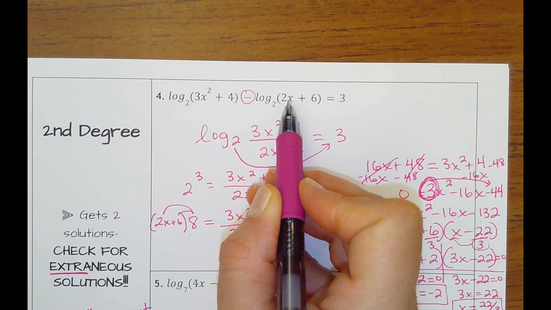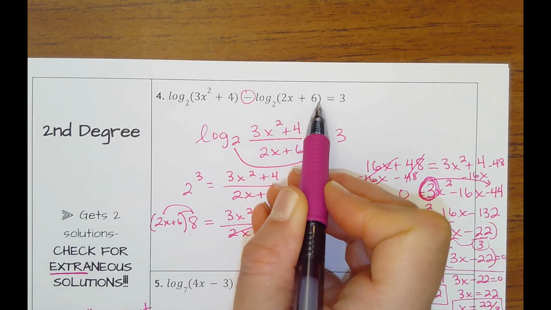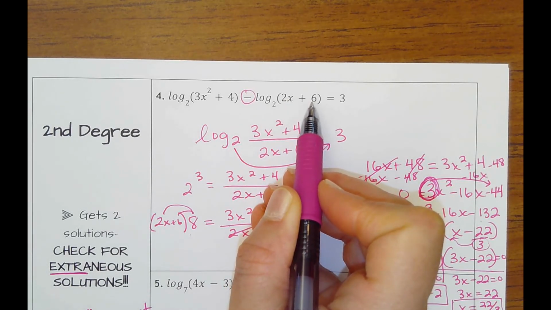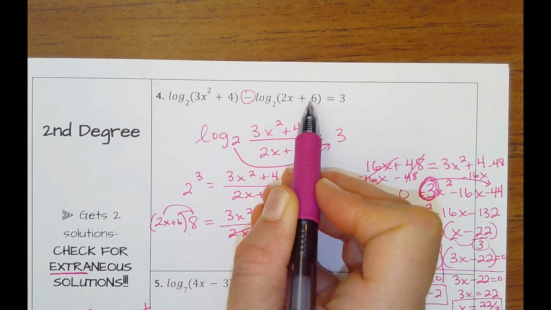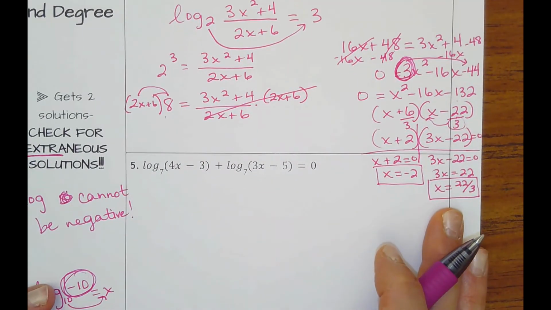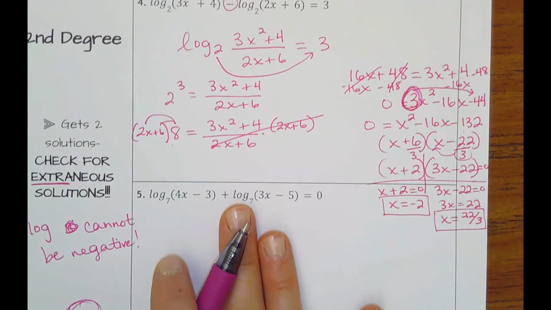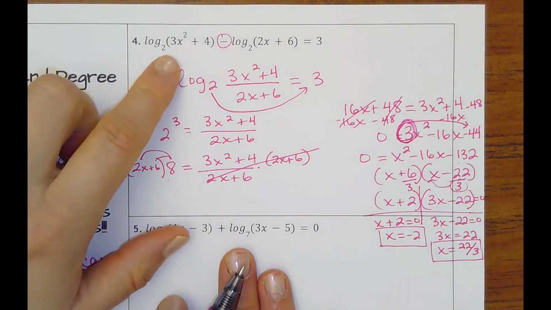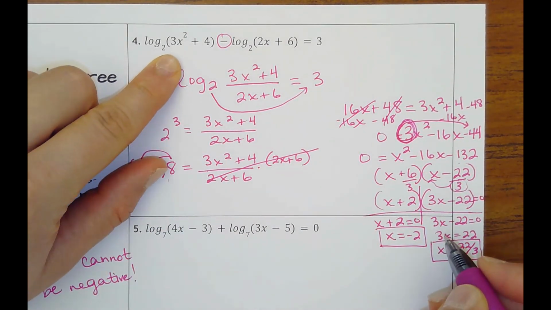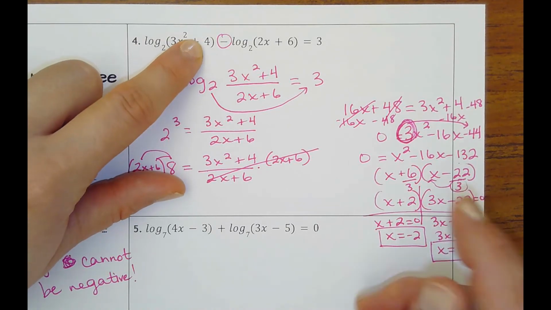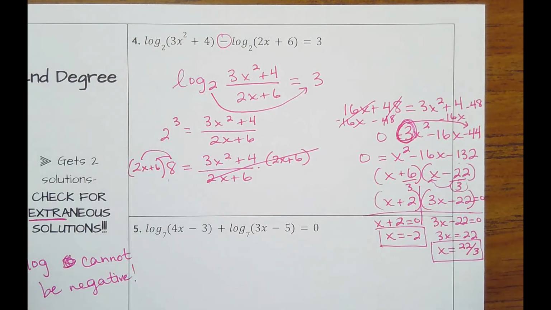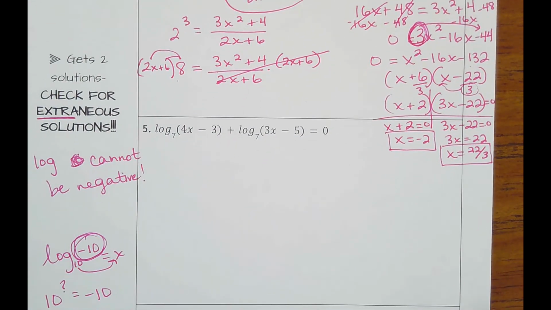We have to check further. Is negative 4 plus 6 going to result in a positive? Yes. So that's good. You don't even have to check the positive answer. It'll work, unless you just want to, but it'll work. All you're trying to make sure is that you don't end up with a negative out of this piece or this piece, because that's a problem. So you get those two answers.